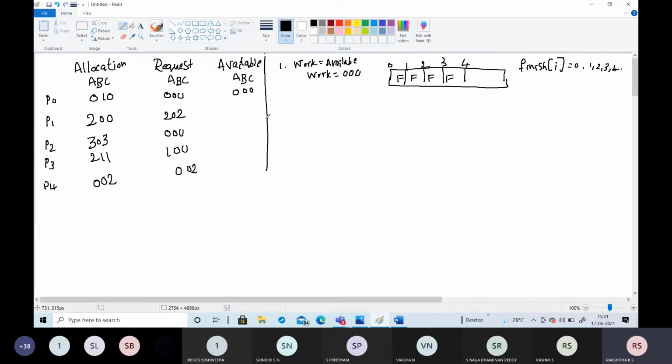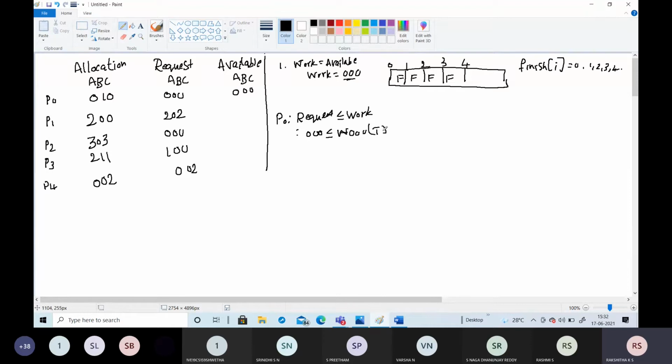First, let me take P0. We have to check whether the request is less than or equal to Work. The request for P0 is 0, which is less than or equal to Work. The Work is equal to Available, that is 0, right? So here the condition is true.